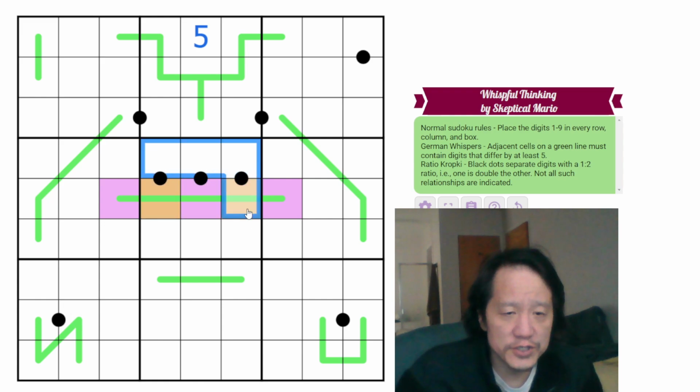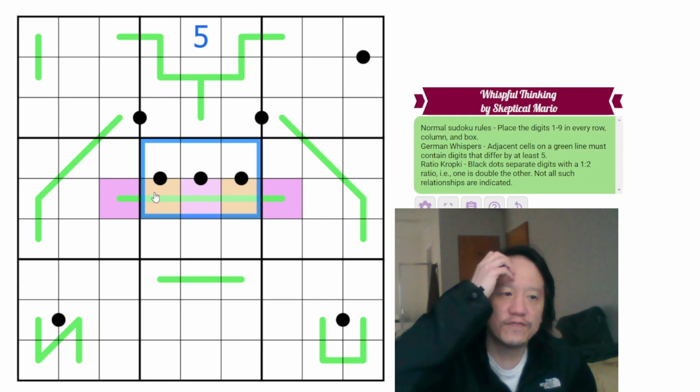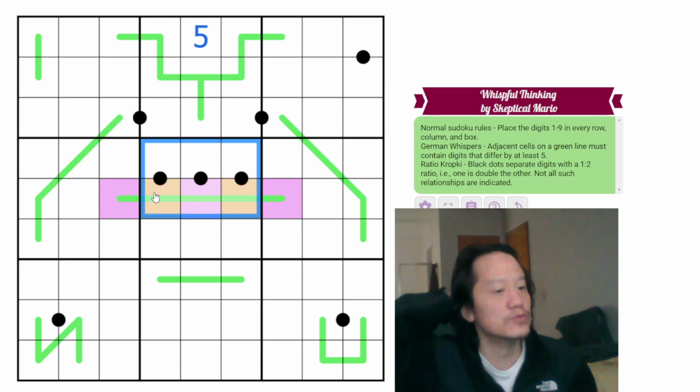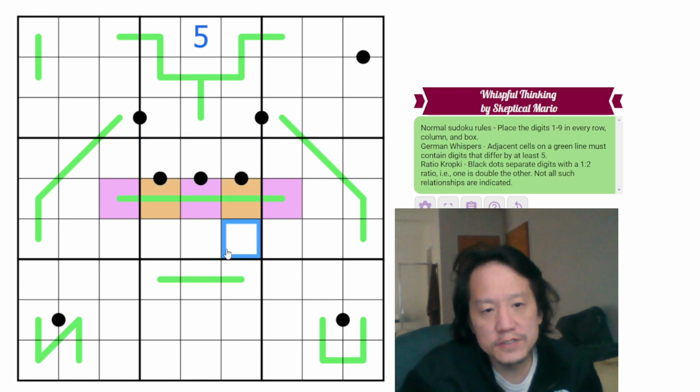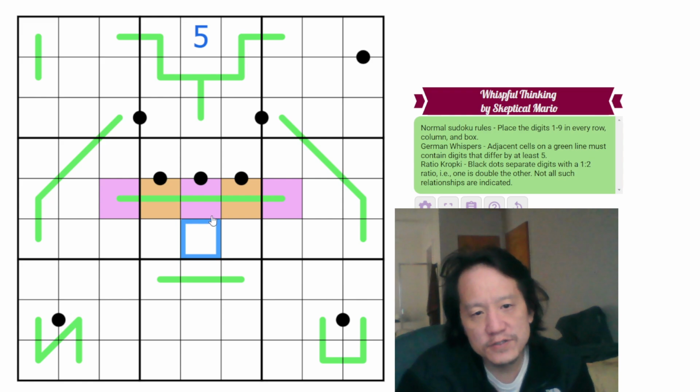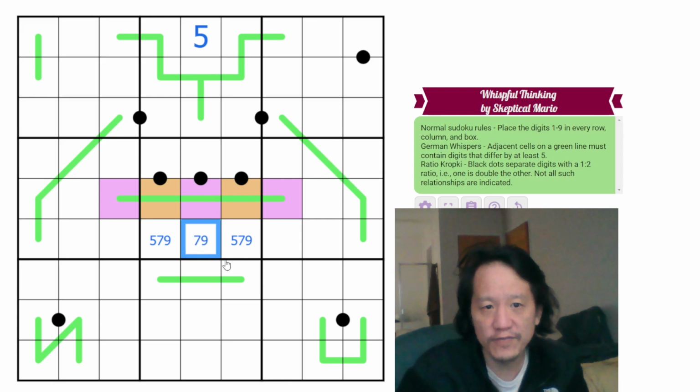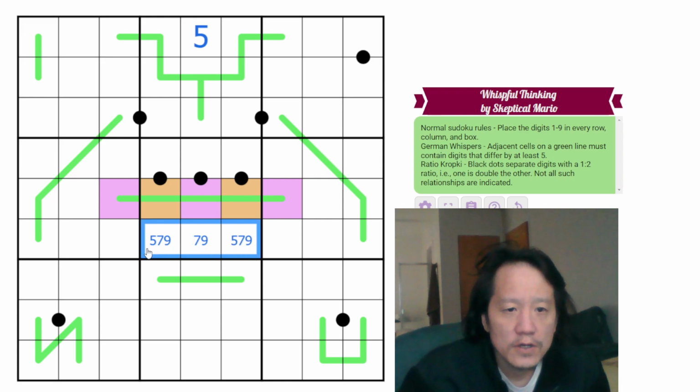These are all the digits from 1, 2, 3, 4, 6, and 8, right? Because 5, 7, and 9 can never be next to a black Kropke dot. So this is 7 or 9. Obviously, this can't be 5. This can't be 5. This can't be 5.